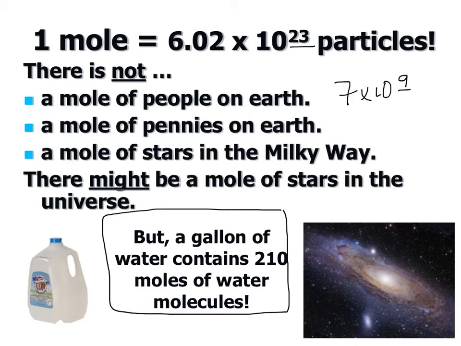So not only does this emphasize how big Avogadro's number is, but it should also emphasize how tiny atoms and molecules are. Okay, because you need to put a lot of them together to get to the point where you're actually seeing something.